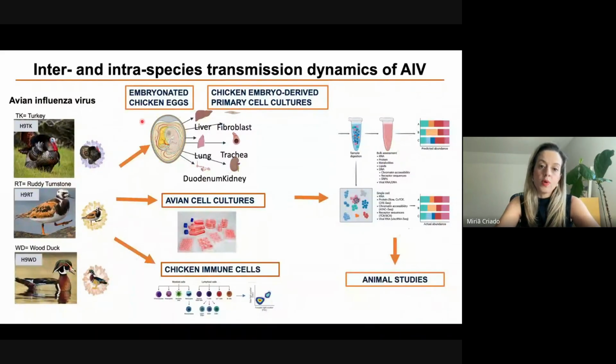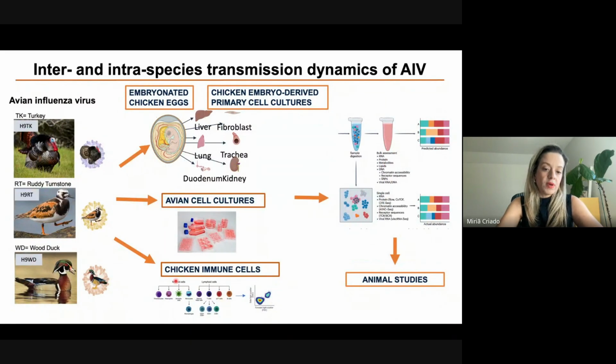We have been doing work using embryonated chicken eggs. We have been doing some work using primary cell cultures derived from the embryonated chicken eggs. We also have been doing some work using continuous cell lines from avian cell cultures.